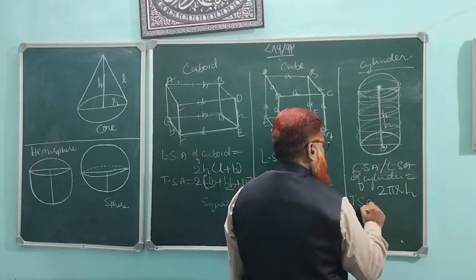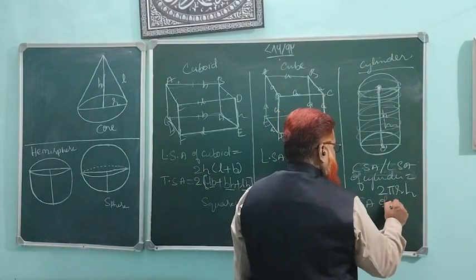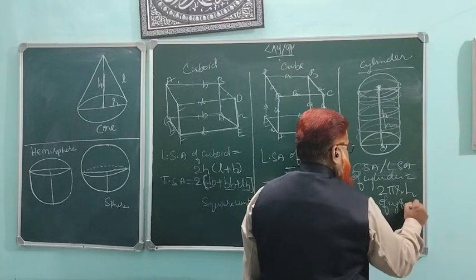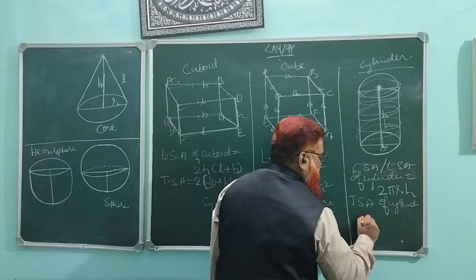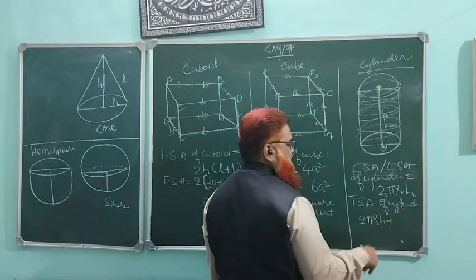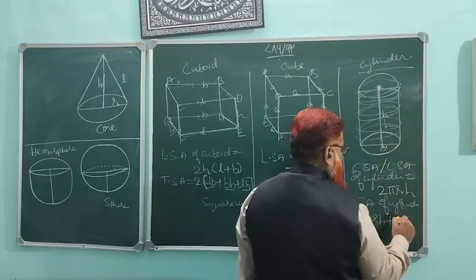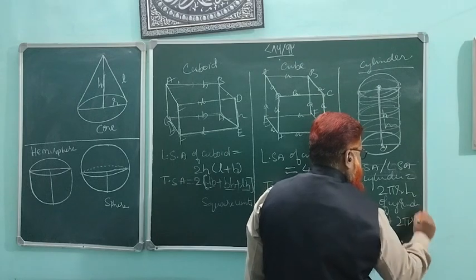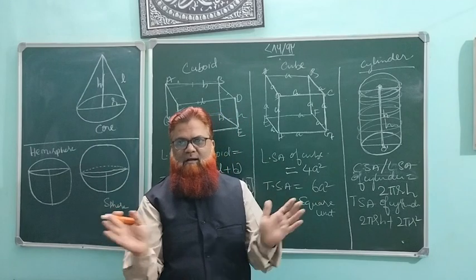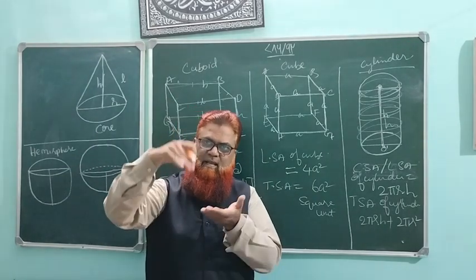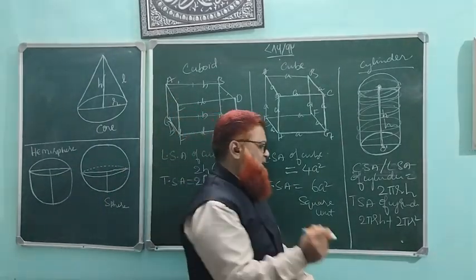Similarly, the total surface area of a cylinder is the curved surface 2 pi r h plus the area of the two circles, 2 pi r square. 2 pi r h is the lateral or curved surface, plus the area of the top and bottom circles.